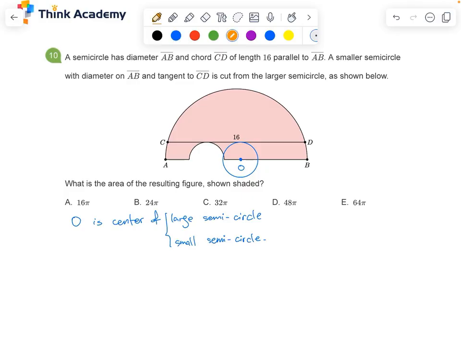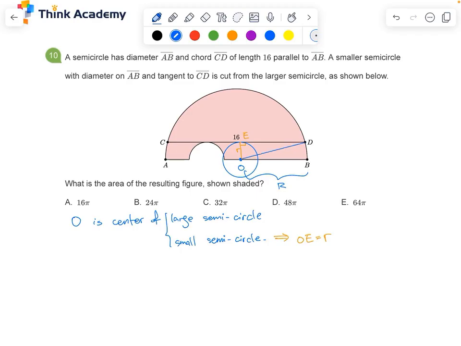What does it mean? It just means that if I make the altitude from O to CD, let's call the altitude foot E, then the distance would just be the radius of the small circle. So OE would be r, which is the radius of the small circle. On the other hand, let the large circle have a radius of capital R. So OB would be capital R. And then what about OD?